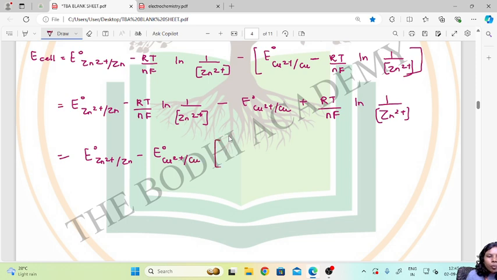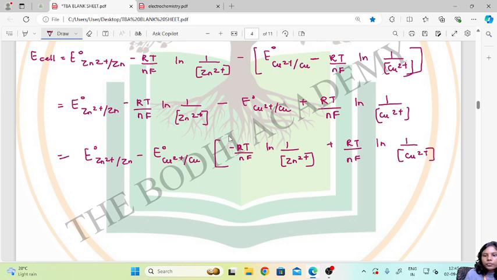Now what is common will go inside, so we have minus RT upon nF ln of 1 upon Zn2+ and plus RT/nF ln of 1 upon Cu2+, sorry, so this is Cu2+, this is Cu2+, and here we'll have Cu2+.